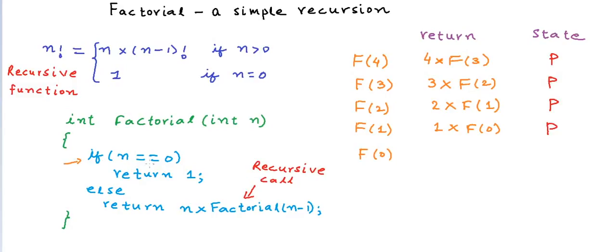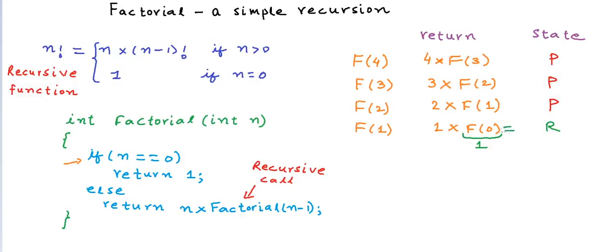So n is 0 here, and we simply return 1 here. So f0 was a base condition, and if it was not there, then this particular recursion would have gone on endlessly. Now f0 simply returns 1 here, and it finishes.